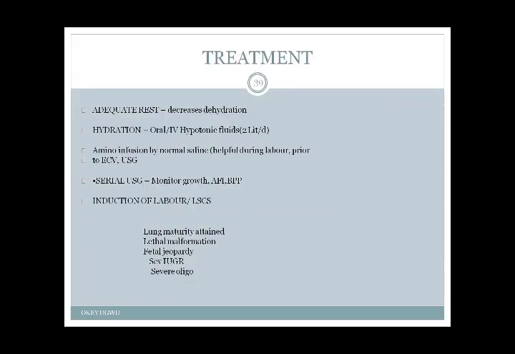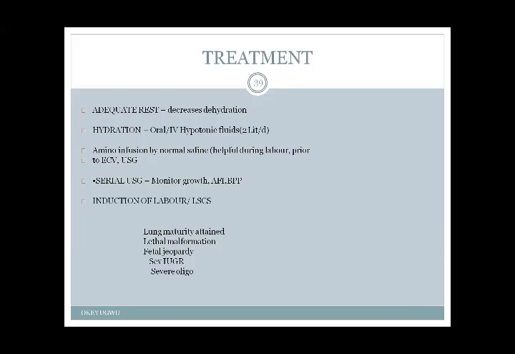So, what's the treatment then? Definitely, the treatment is directed to the cause, to the etiology. But what are the general regimes which we can mostly advise to patients if the major etiological causes are ruled out, like hypertensive disease and chromosomal anomalies, and even then idiopathic oligohydramnios is determined?